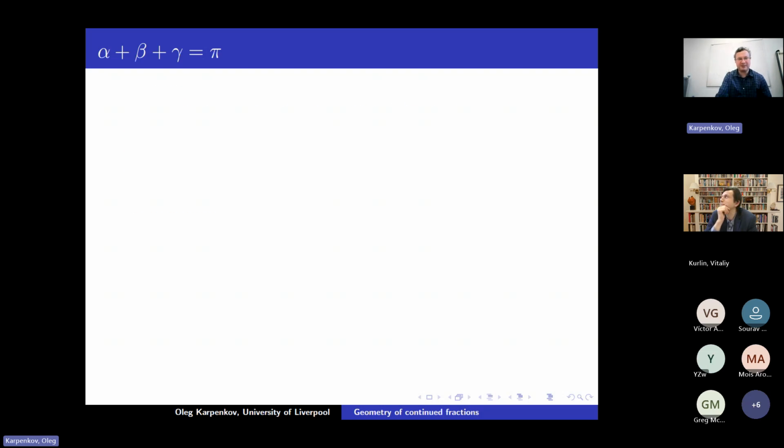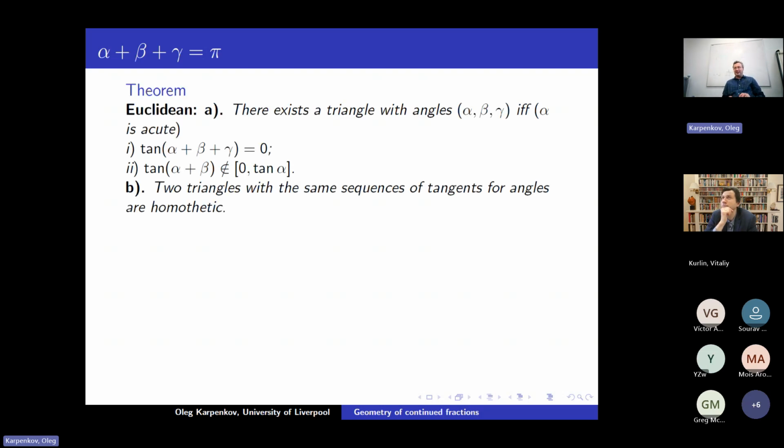But the good thing is that we can make an ugly modification of our theorem in the Euclidean case, and we can write everything in terms of tangents, right? So have a look. We can say that alpha plus beta plus gamma is pi if tangent of alpha plus beta plus gamma is 0, right? But unfortunately, there are 2 cases here.